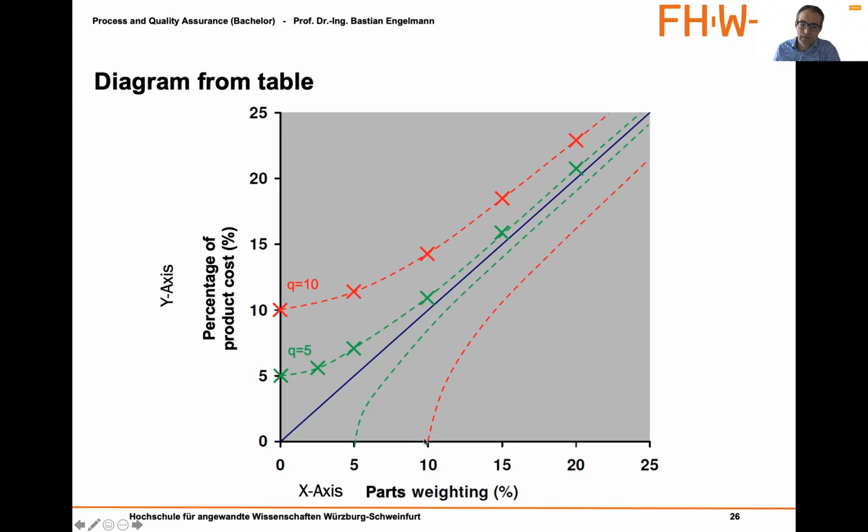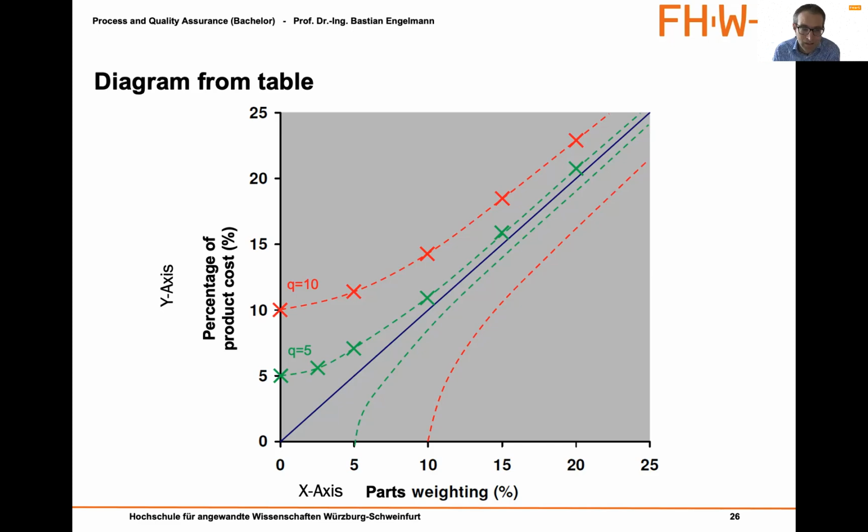And for the red, you can also draw this curve. The question is, what is this? Somehow this diagram should visualize the results from the target costing table we have so far.